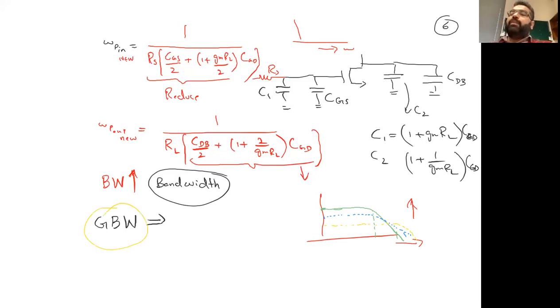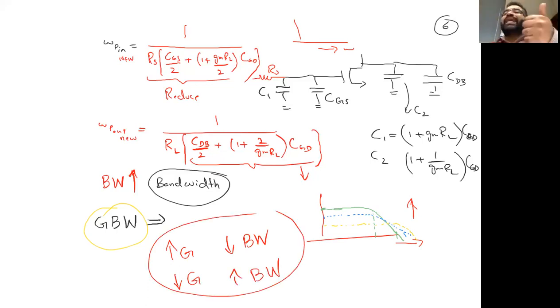So this GBW product all the time remains constant for a specific amplifier. जो भी आप amplifier use कर रहे हैं, अगर आप gain increase करेंगे, the bandwidth will go down. If you reduce the gain, the bandwidth will go up. It's not possible to increase both gain and bandwidth for same settings, आप नहीं कर सकते। इसीलिए इस example में what we did, we increased basically the bandwidth by 2 times and ultimately our gain reduced by approximately 2 times.